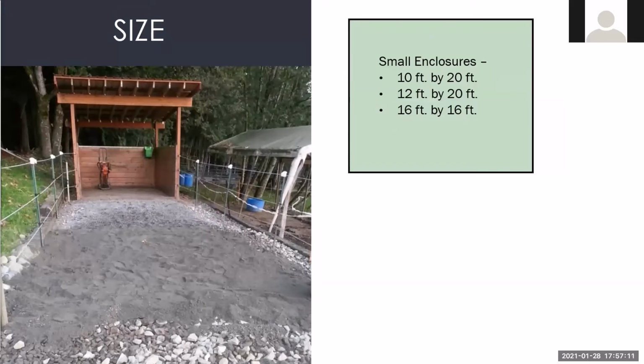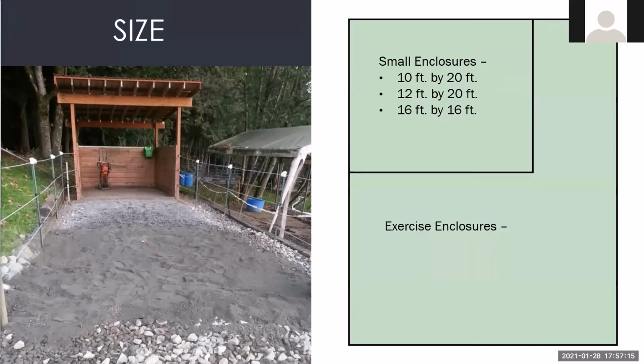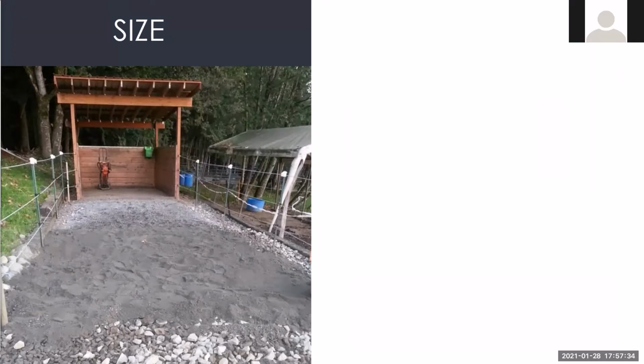And then there's also a larger enclosure, or exercise enclosure, where livestock are not in full time, they have periodic access to it, or you have a footing down for that whole area to try to reduce mud as much as possible. There are some different sizes there.